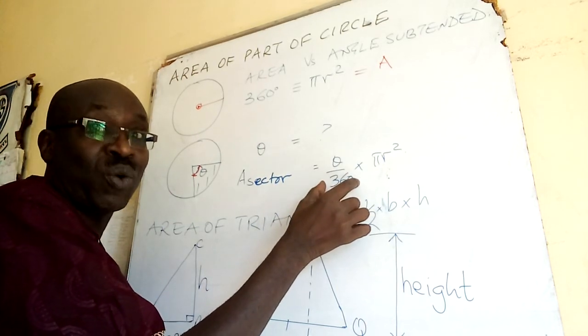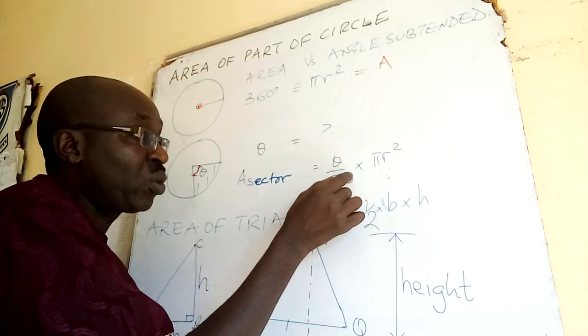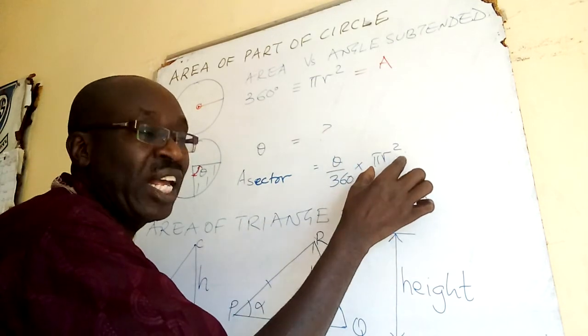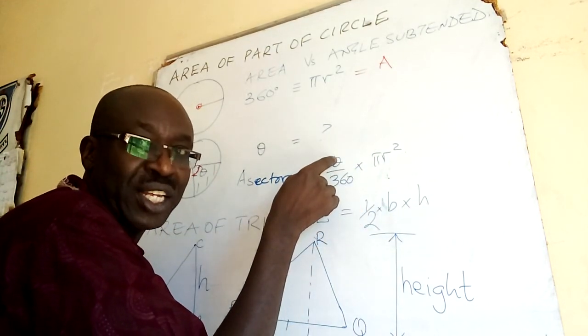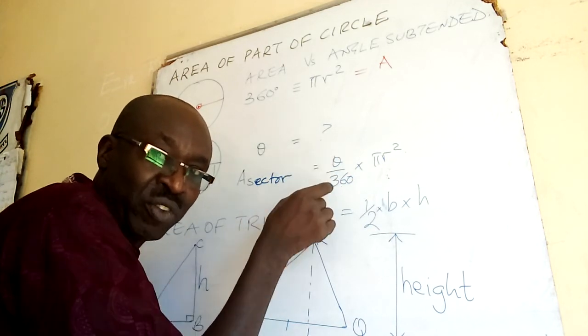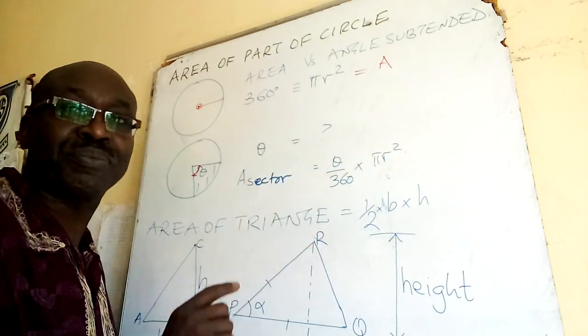This is a whole circle, but this is part. So I want to know the area of this portion only. That's why I've said theta over 360 times pi r squared. There. Okay?